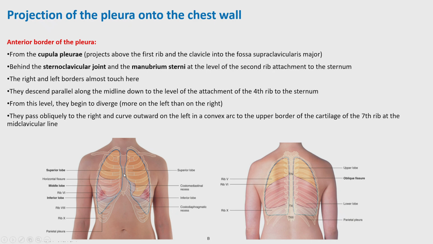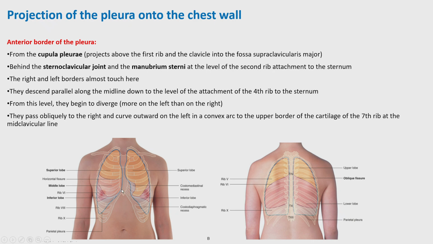Sometimes these two reach each other, and they go down to the fourth rib, which attaches to the sternum. Then from here, they curve obliquely and these two pleurae diverge from each other to the left and right side.